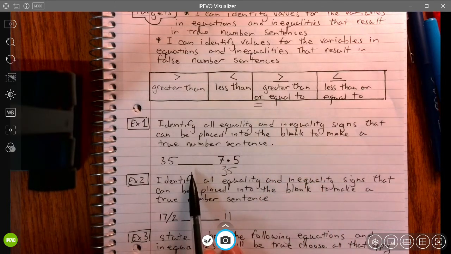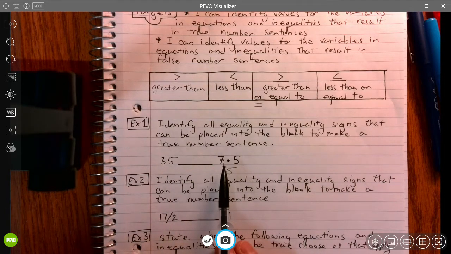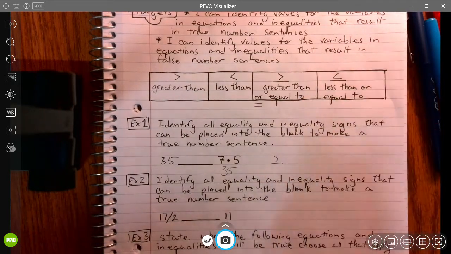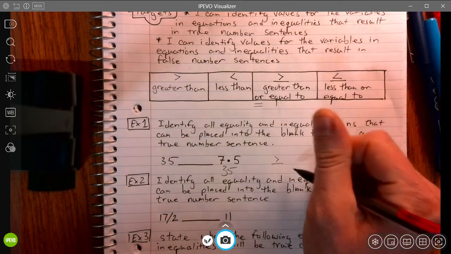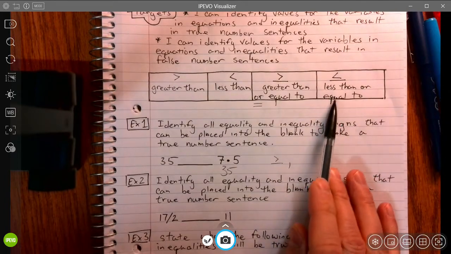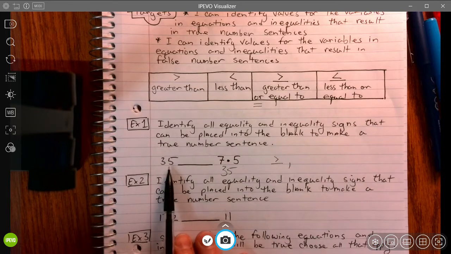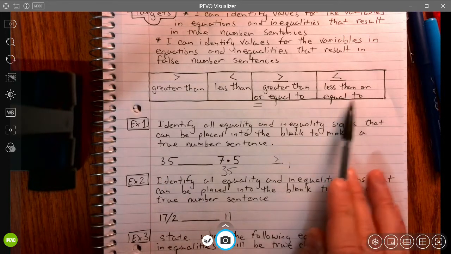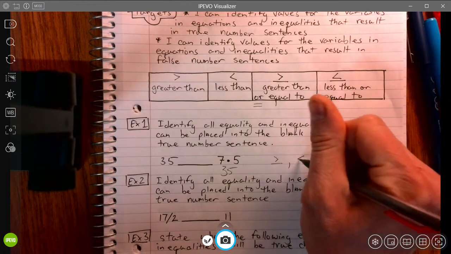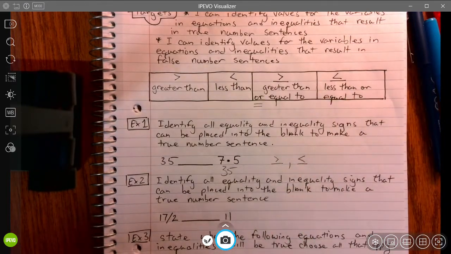Is 35 greater than or equal to 35? Yes, it is. So I can write that one down. What about less than or equal to? Is 35 less than or equal to 35? Yes, it is. So I can choose that one.